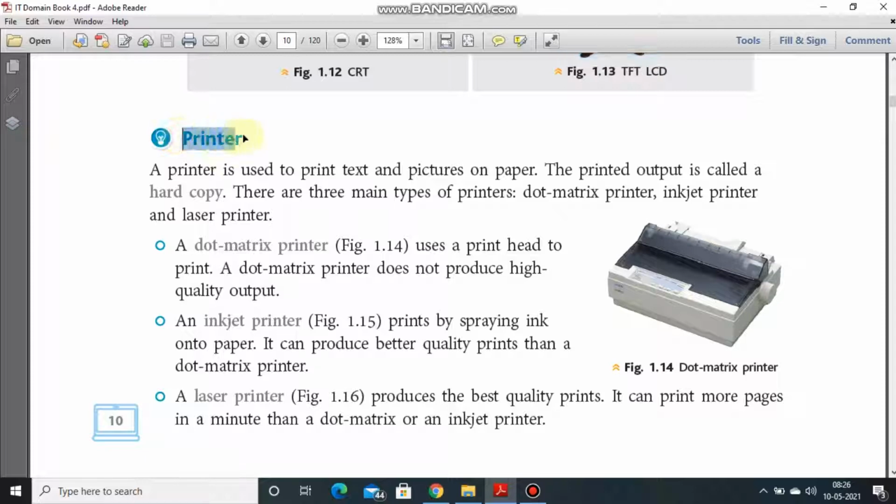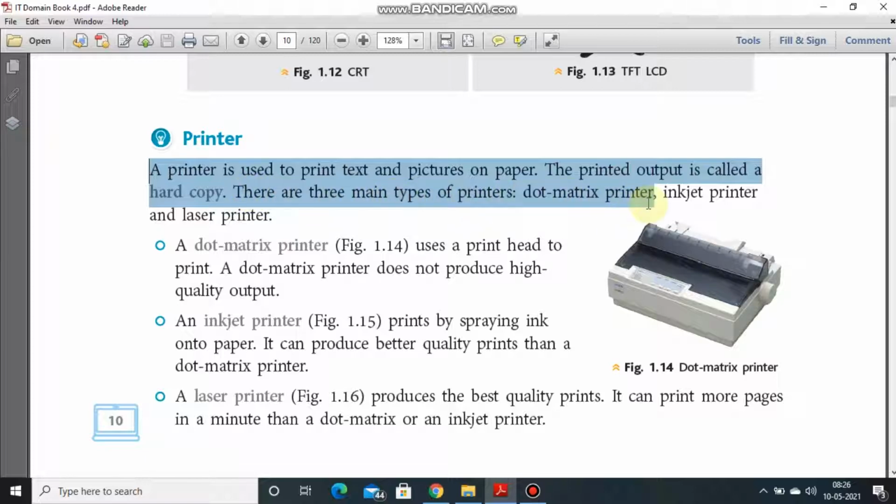Now the next is printer, which helps to take out the printout. A printer is used to print text and pictures on paper. The printed output is called a hard copy. There are three main types of printer: dot matrix printer, inkjet printer, and laser printer.